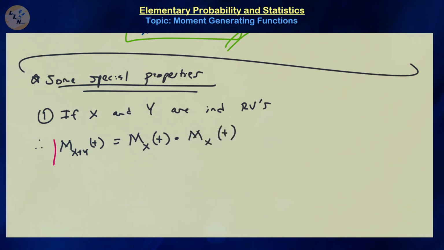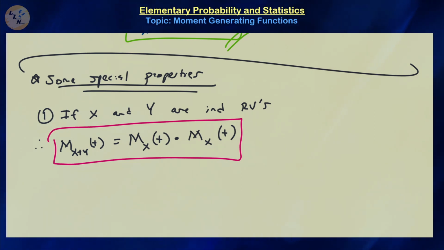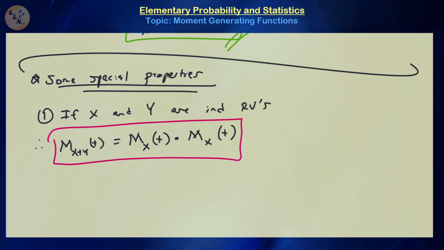Now this might seem weird, like maybe you would think that the moment generating function of the sum is equal to the sum of the moment generating functions. Actually, that's not the case, but if you're familiar with a little bit of abstract algebra and isomorphisms, this should not come as a surprise to you.